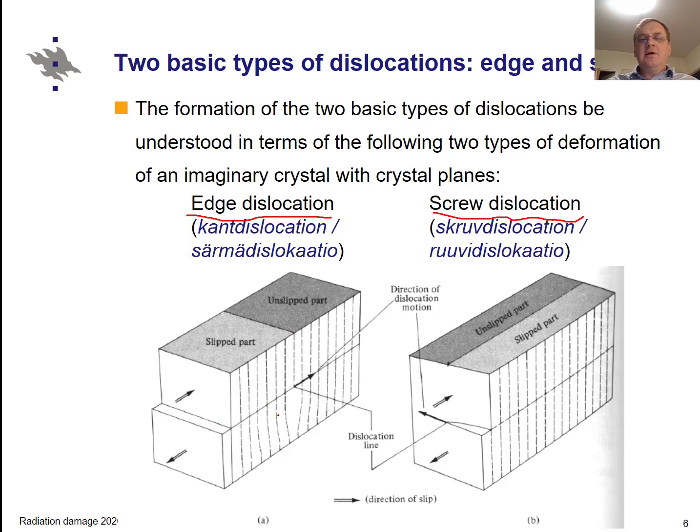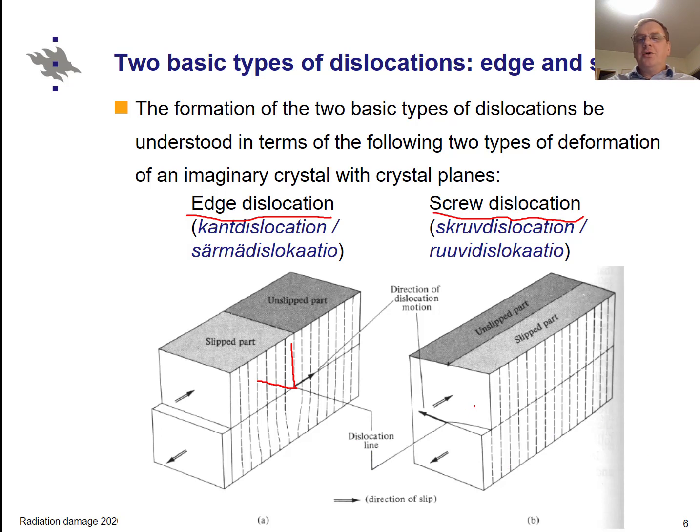When you drag out the atom planes on one side and compress them on the other, you realize that in some places the atom planes break, and then you can have a feature like this, where you have one atom plane on the upper side which is missing on the lower side, and this is the dislocation edge, and the dislocation line goes through the crystal in this direction.